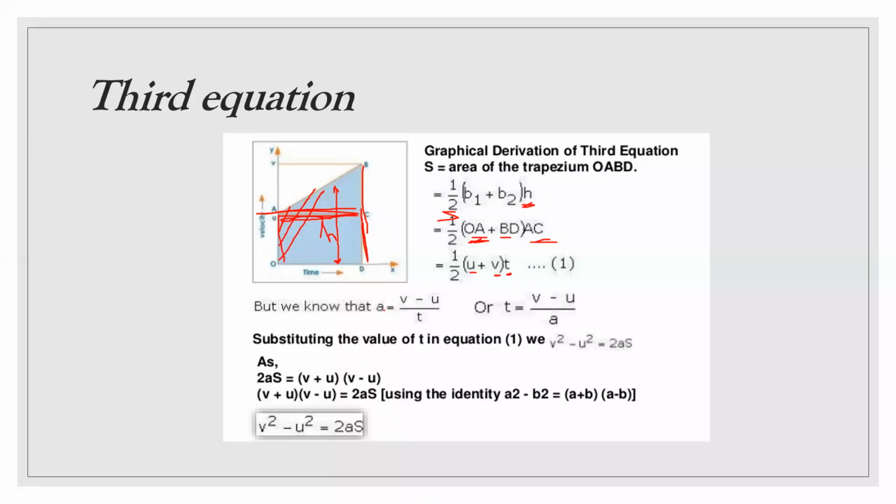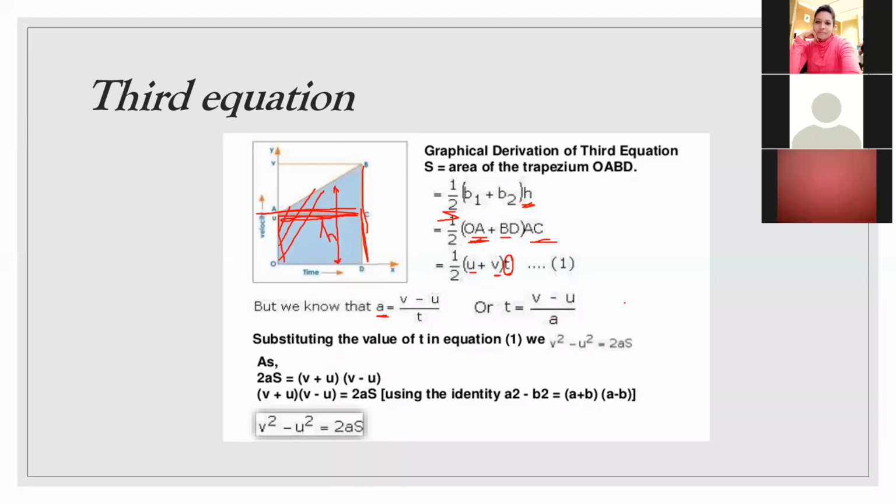Now we know that acceleration equals v minus u upon t. So the time will equal v minus u upon a. So we will replace this time by v minus u upon a.